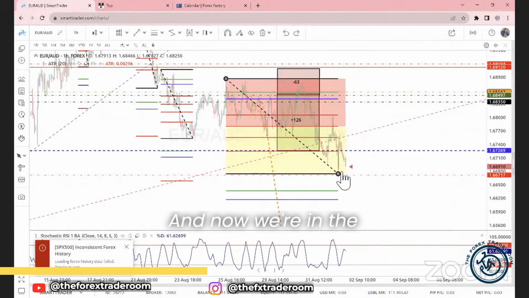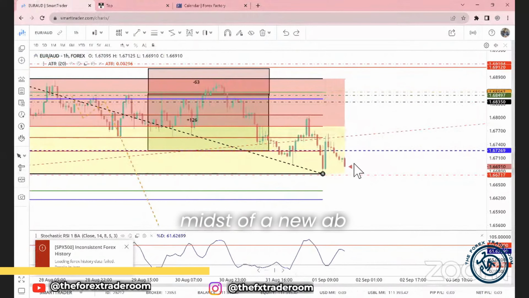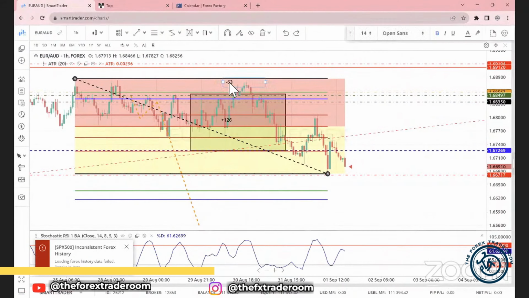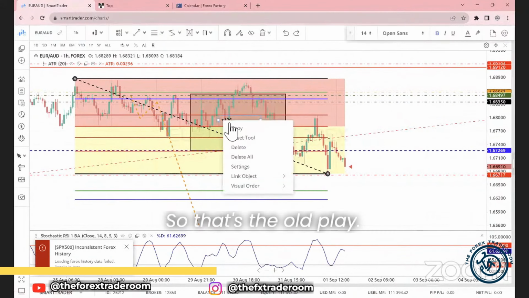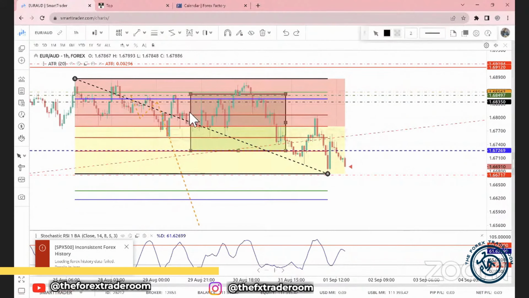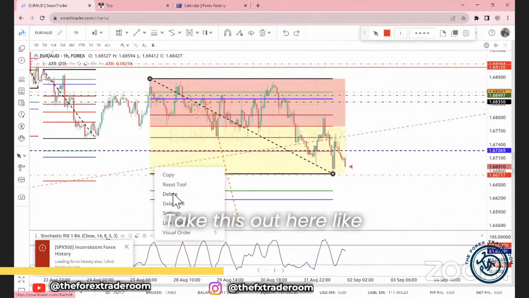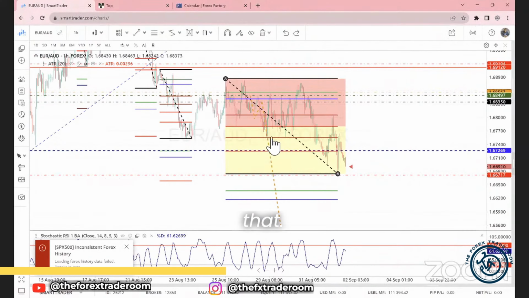And right now we're in the midst of a new AB boundary. So let me pull this out. Clean this out. All right, so that's the old play. Take this out here.